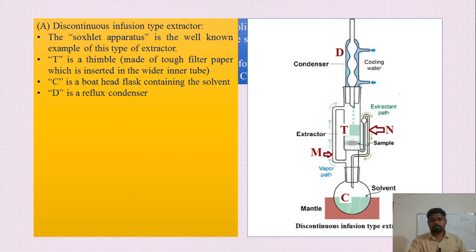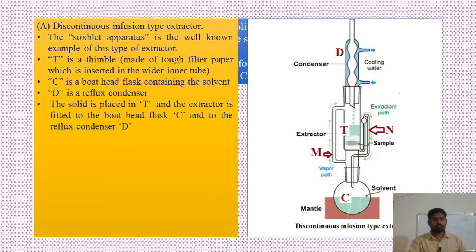D is the reflux condenser, as I mentioned here. These two ends are connected with a water source, tap water or any other source. Now your solid component, that means the sample, the solid material from which you want to extract the constituent, is put on the thimble.